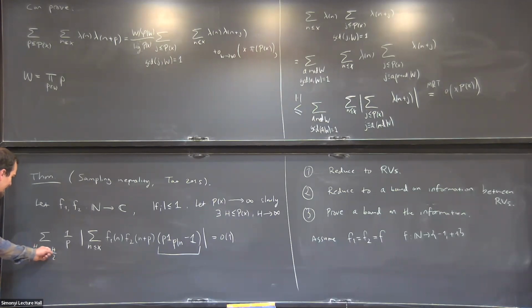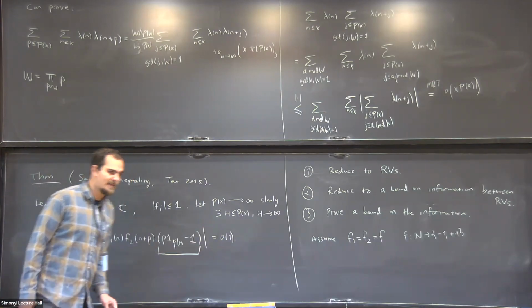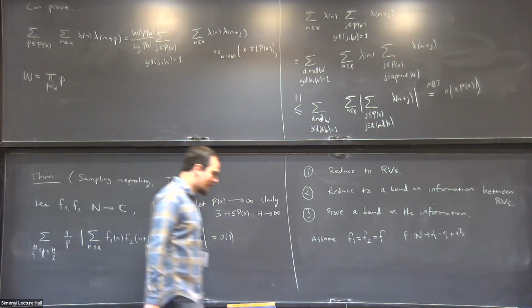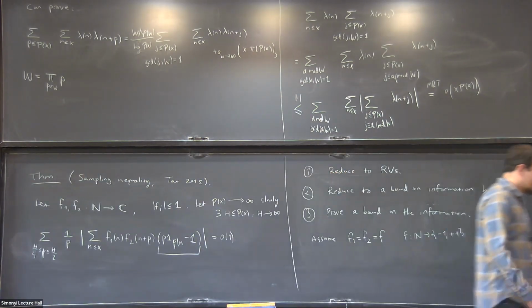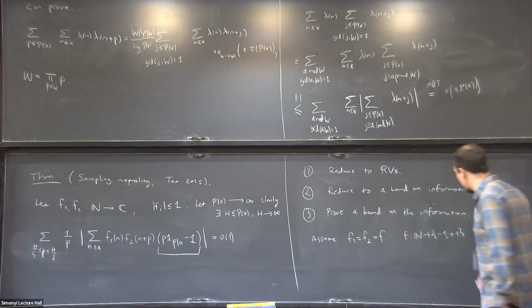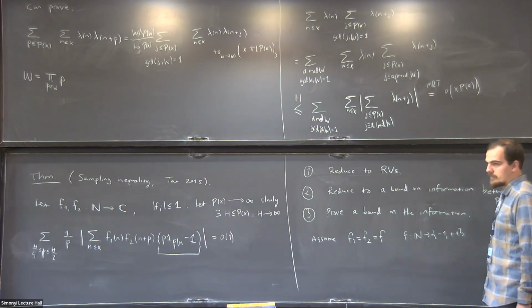If you have this for almost all scales h, then you can sum over the different scales and get the full sum up to p of x. All of these reductions don't take much away from the general proof. The general argument is similar; just to simplify notation we're going to make these assumptions.